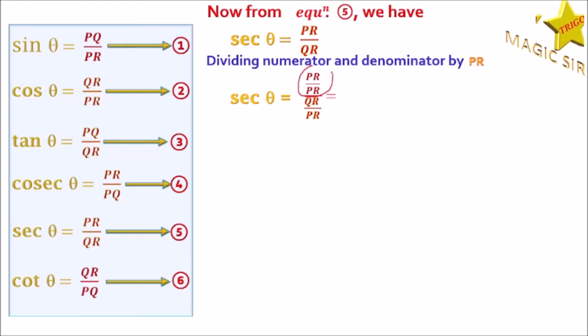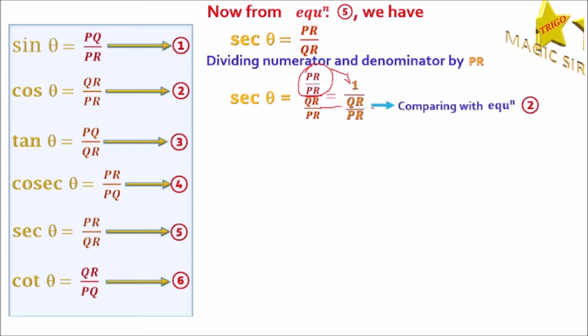We know that PR upon PR is equal to 1. Therefore, sec theta is equal to 1 upon QR upon PR, where PR upon PR is equal to 1 and QR upon PR is as it is.